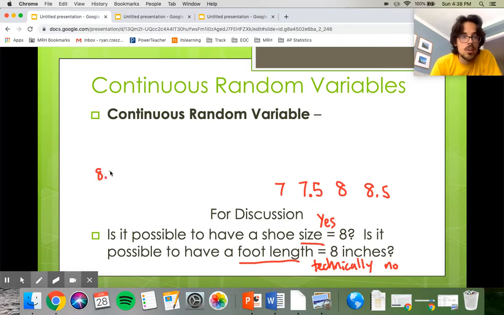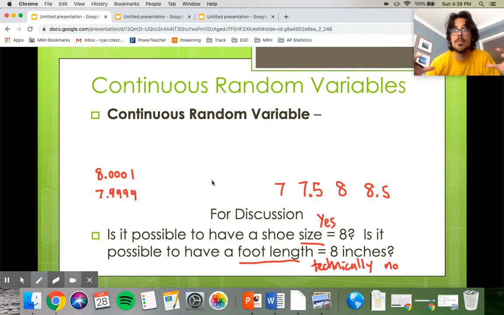If you had enough precision, though, it's probably actually like 8.001 or 7.9999. If you measure enough decimal spots, there are just basically an infinite number of possibilities. If you start allowing 8, 9, 10, 11, 12, a bunch of decimal spots like this, think about how many possibilities there are. What are the odds you're exactly 8.0000000 forever? It's probably not exactly 8.